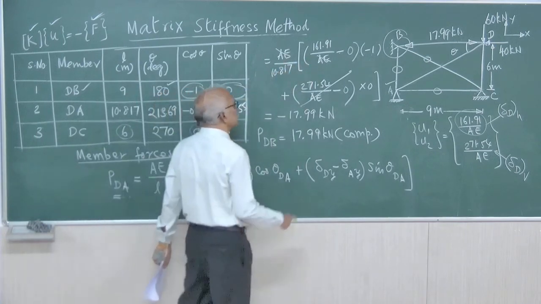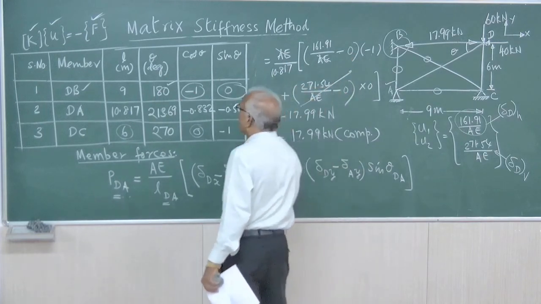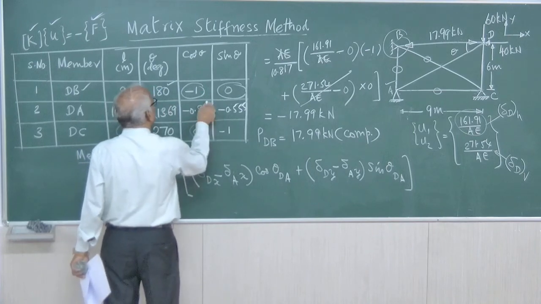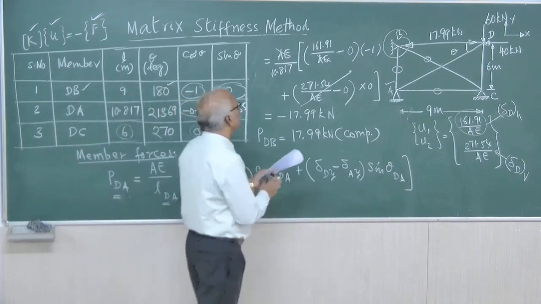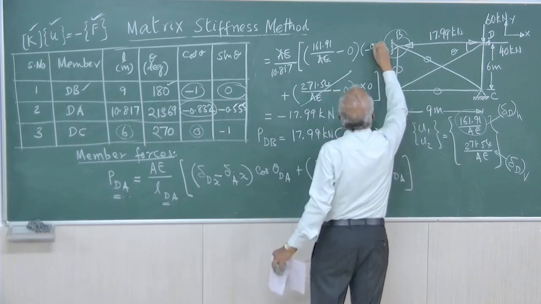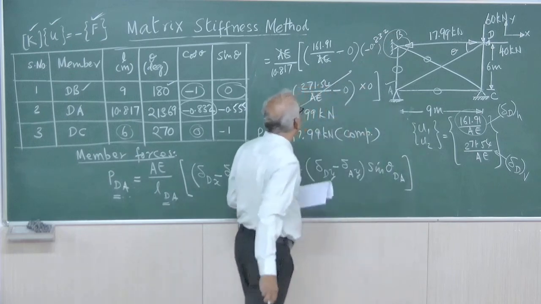A, again it is 0. Cos theta dA is minus 0.832.